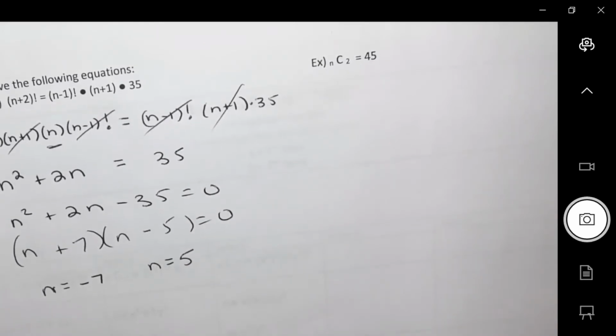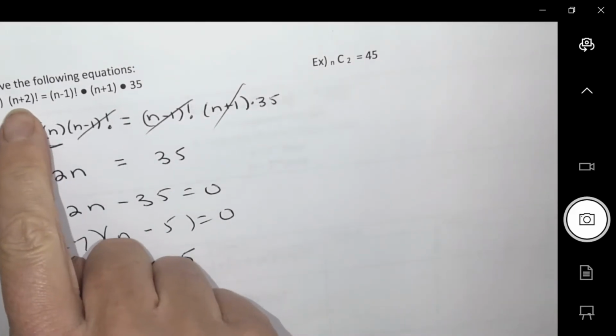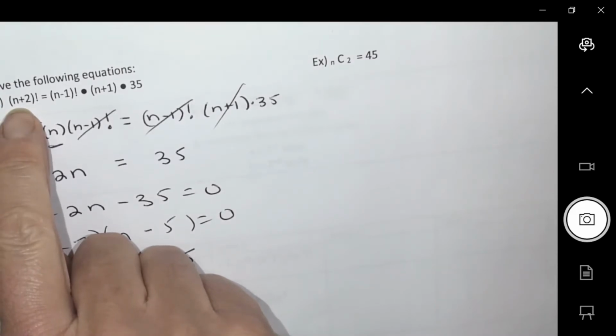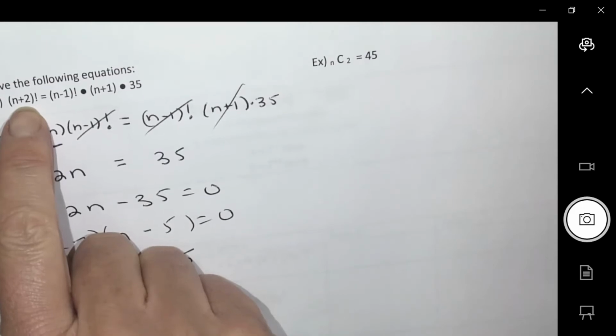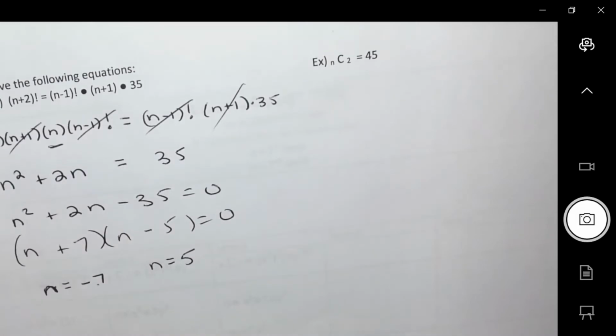Okay, there's a problem here. This -7 is not going to work because of this. Let's pretend I plugged it in here. -7 plus 2 would create a -5 factorial. And when we do factorials, where's the lowest we can ever go? What's the lowest factorial you can get down to? 1. Right? No, a 0 can be a factorial. Is it? Yeah, it's just 1.